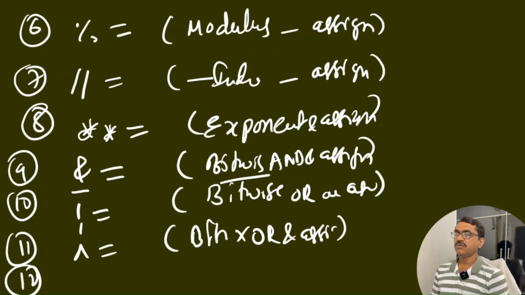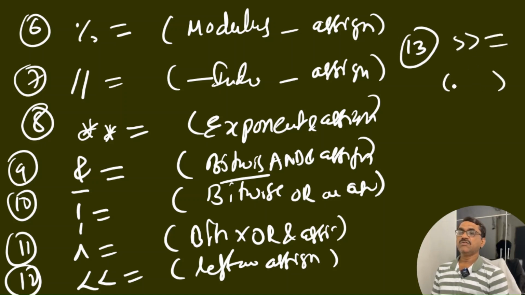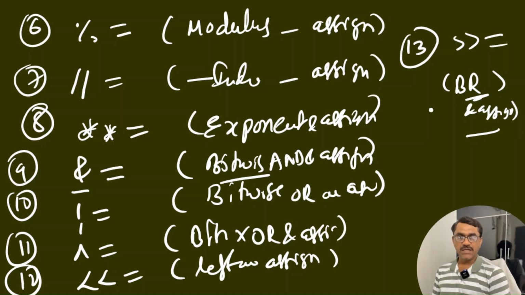Next, you have bitwise left shift. After performing left shift operation, we are performing assignment. And the last one, we can also perform bitwise right shift. It is going to perform bitwise right shift operation, and after that, it is going to assign the result to the left hand side operand. These are the various types of assignment operators in Python.